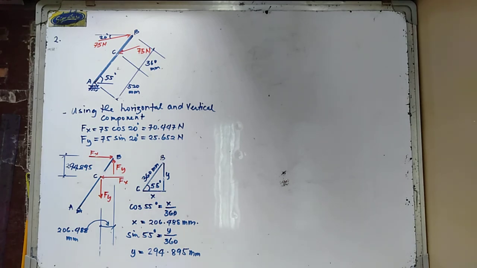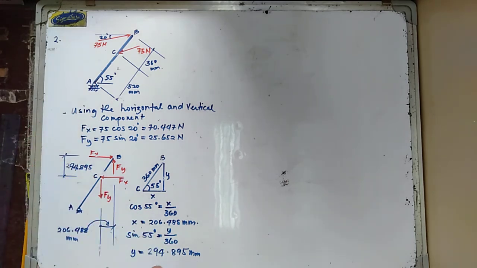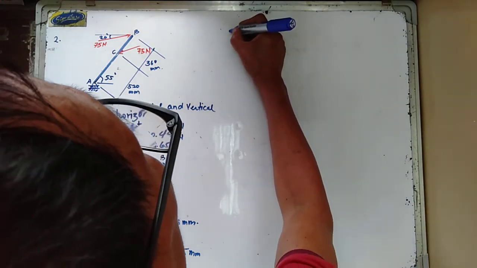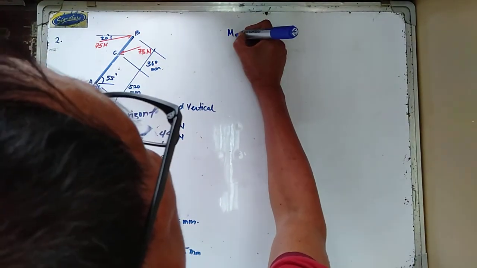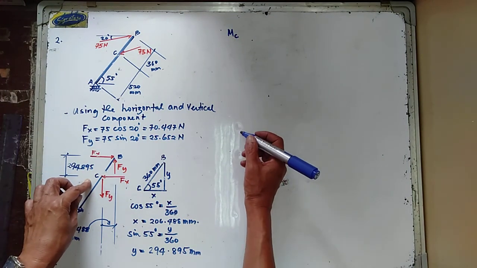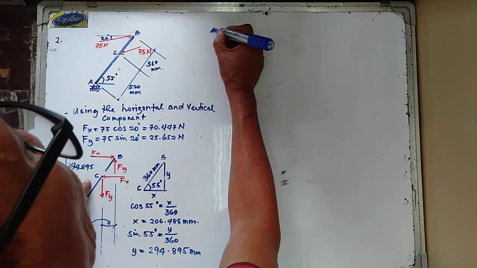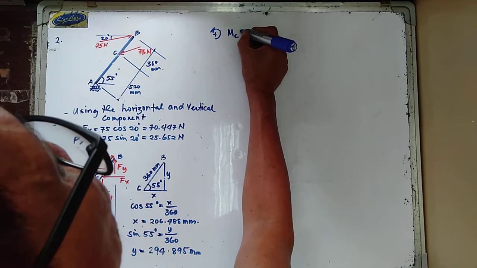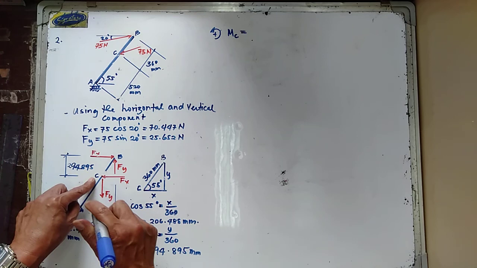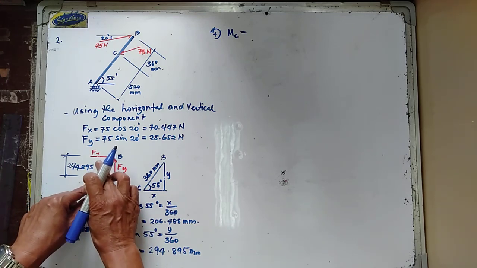Hence, the moment produced by this couple is now equal to, if you try to get moment about point C, taking counterclockwise moment as positive, so we have the first force composing the couple.